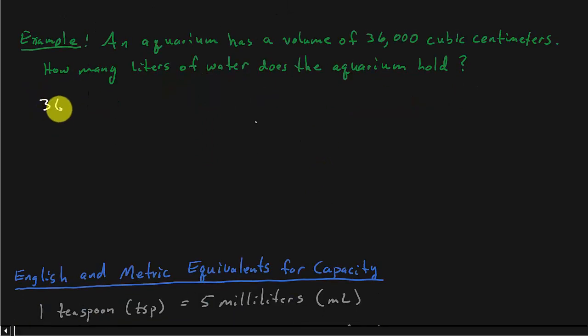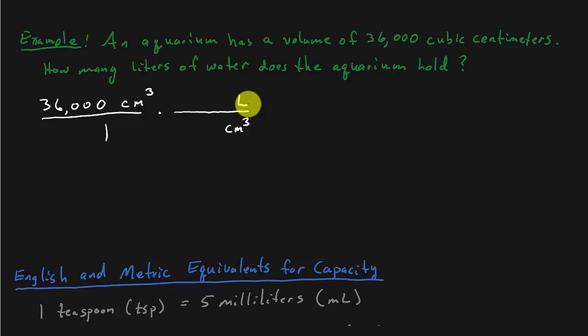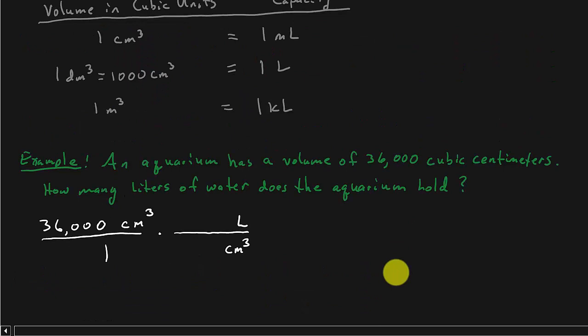So I've got 36,000 cubic centimeters. Put that over 1 times, and then cubic centimeters goes in the denominator, because I want that to cancel out. And liters goes in the numerator, because that's what I want to go to. Let's see if we can find a relationship between the two. Well, there it is.